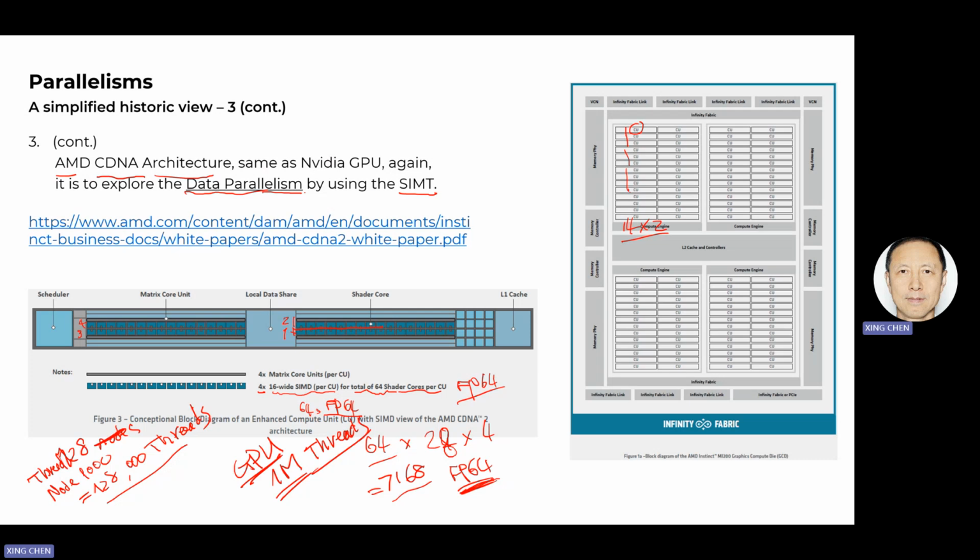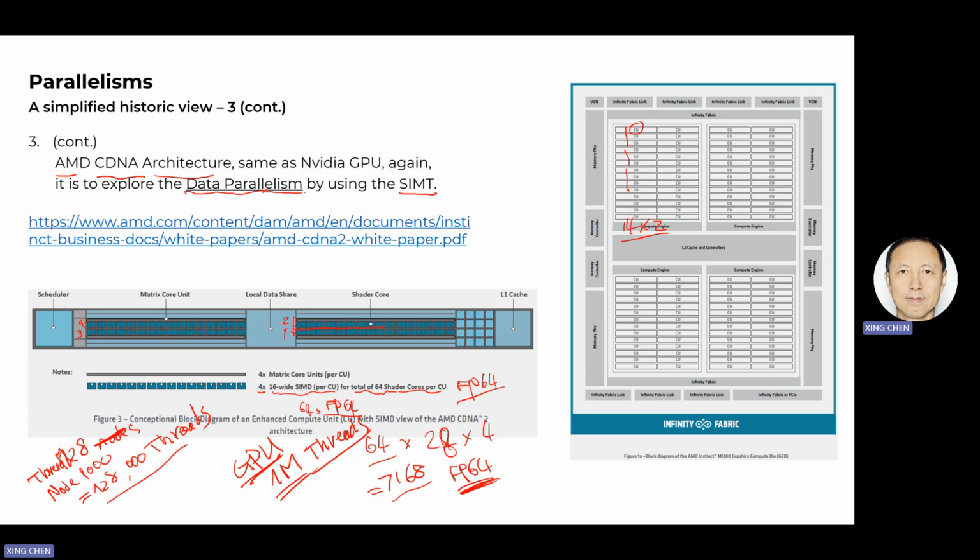Okay, so right now, if you look at the marketplace, we have the traditional computing with CPUs, which is exploring data parallelism, and we have this emerging, evolving GPU computing, which is also exploring the data parallelism to deliver the performance to the industry.